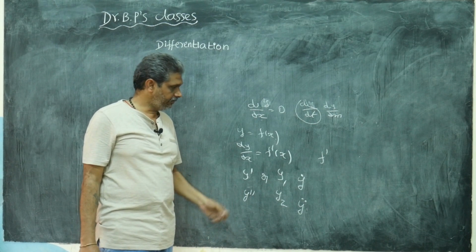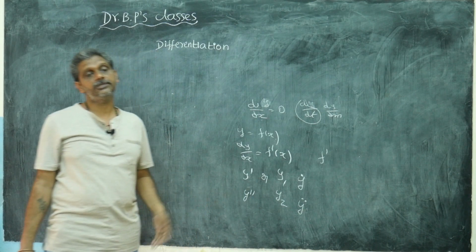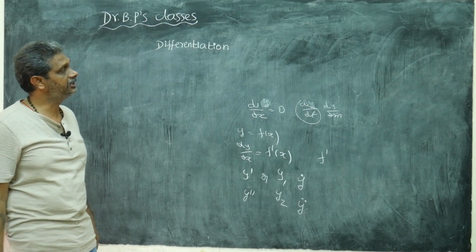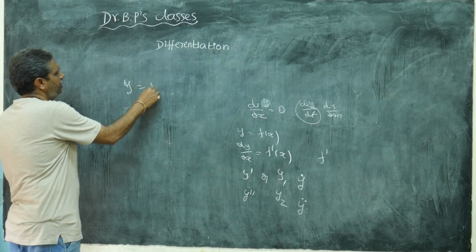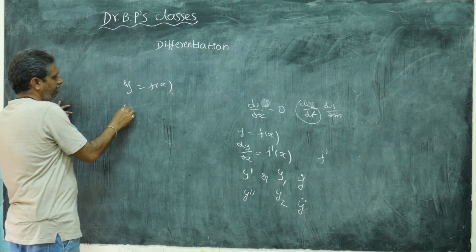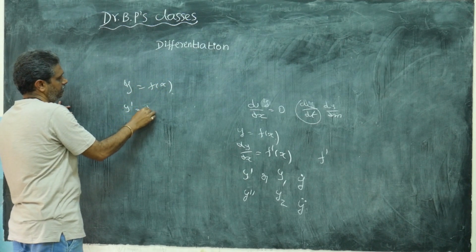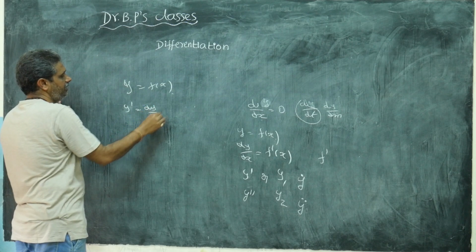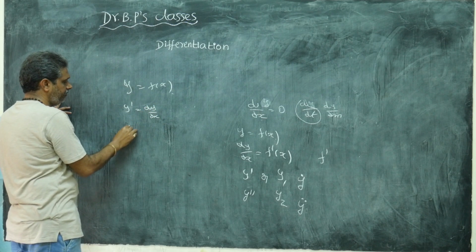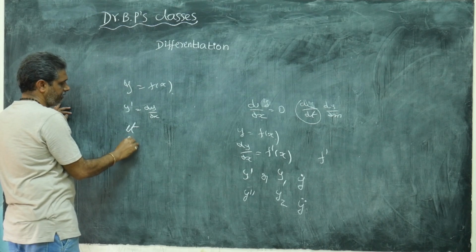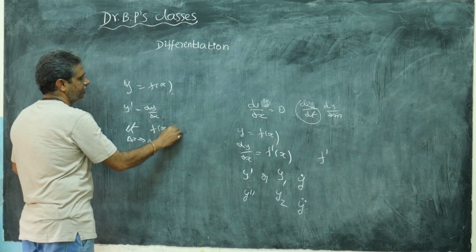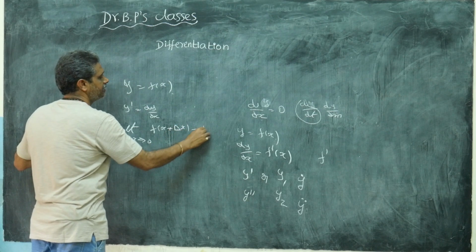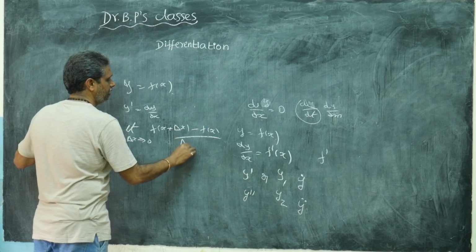Now we go for the formulas. How the formulas are proved is a different method, they use limits. Suppose y is equal to f of x, then y dash, that is dy by dx, if you want to find it, they use the limit as delta x tends to 0 of f of x plus delta x minus f of x, divided by delta x.